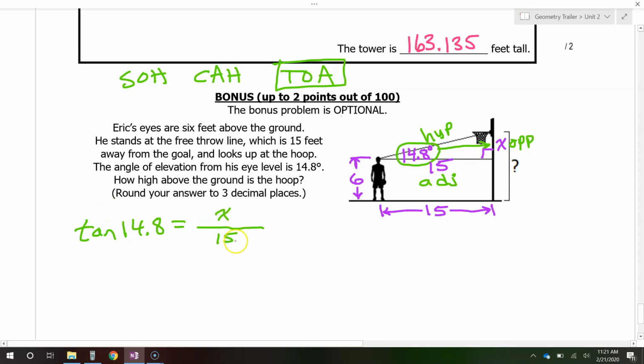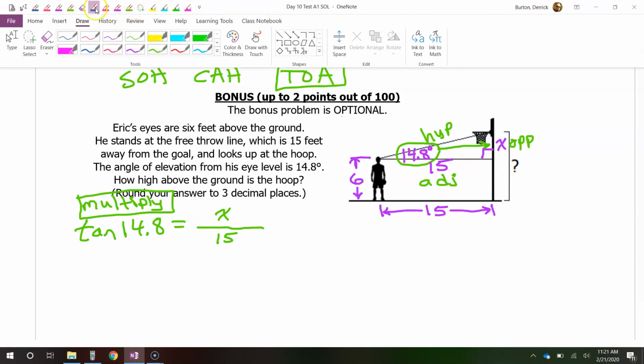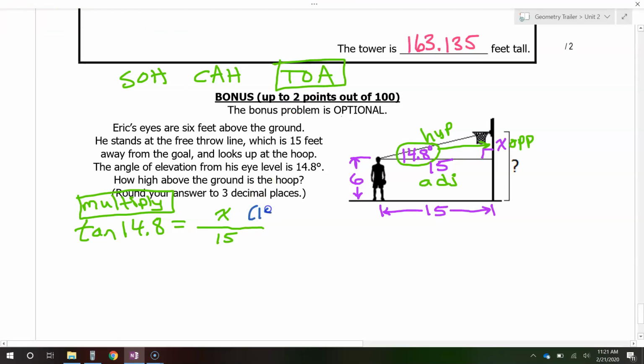All right, when the variable is in the numerator, this is when we multiply. We multiply by 15. We multiply by the denominator. That way these are going to cancel each other out.